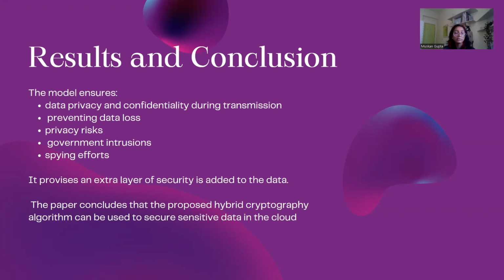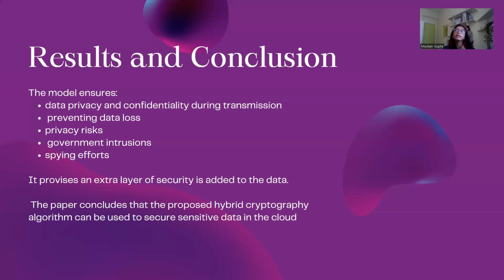The model ensures data privacy and confidentiality during the transmission stage, preventing data loss, privacy risks, government intrusions, and spying efforts.